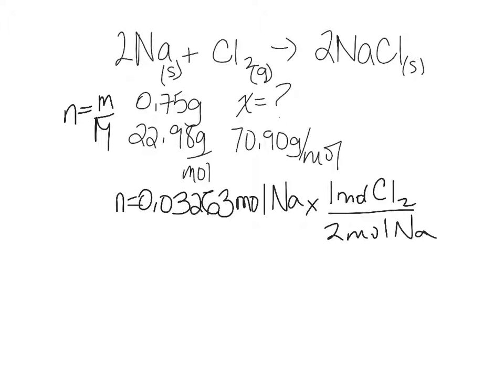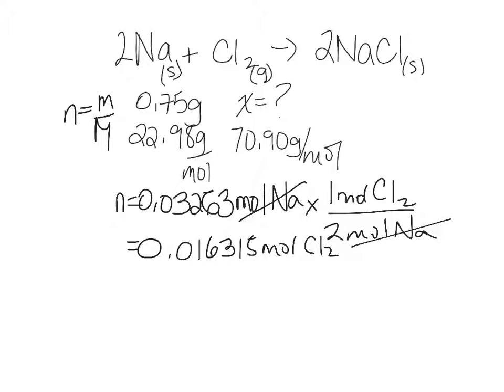Do you know why chlorine went on top, sodium went on the bottom? Trying to find chlorine, so this is going to cancel. So you just divide by 2 then? Yeah.